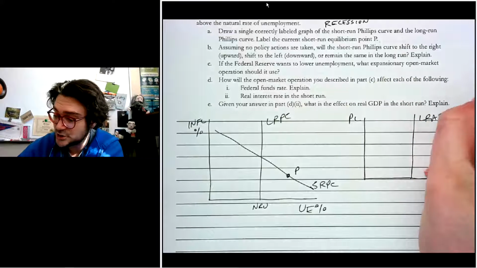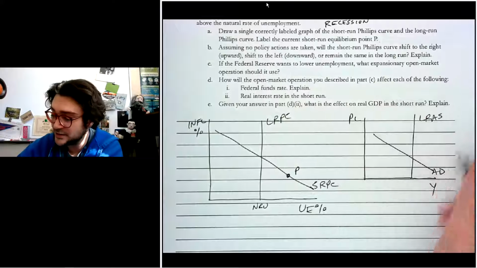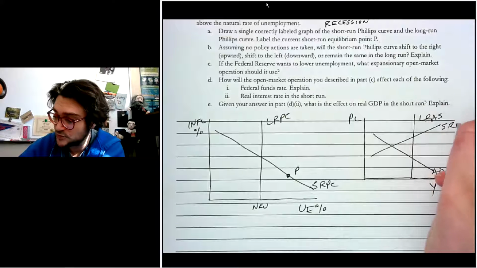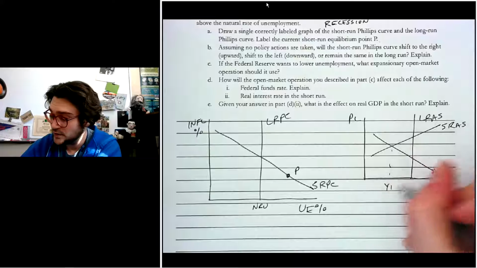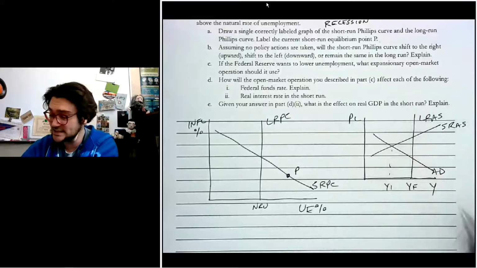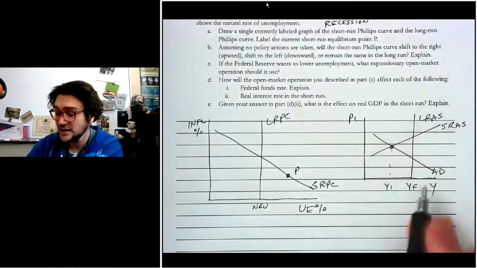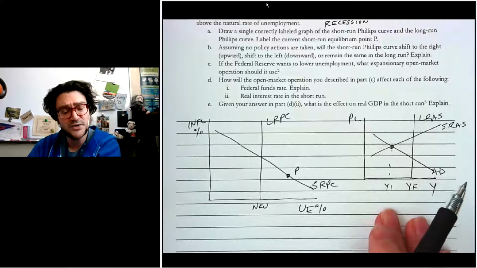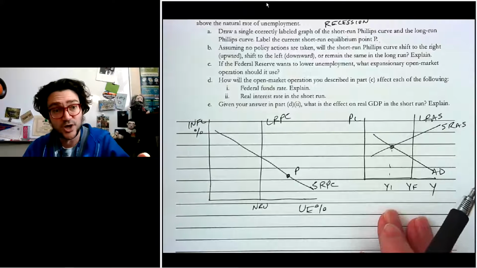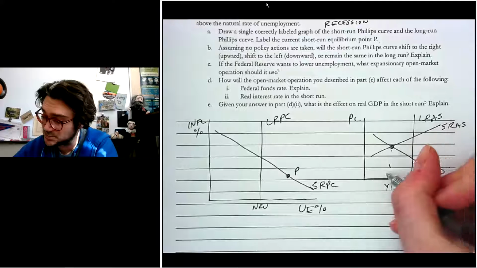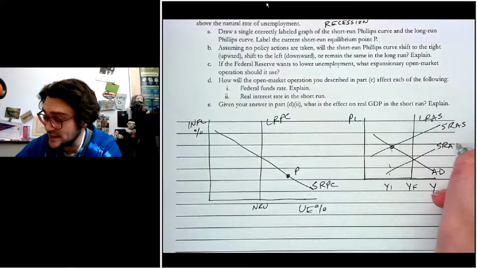If we're in a recession, you have aggregate demand and short-run aggregate supply like that. In the long run, folks in this very high unemployment rate will eventually begin to accept lower wages and lower input costs. And so short-run aggregate supply will shift to the right.